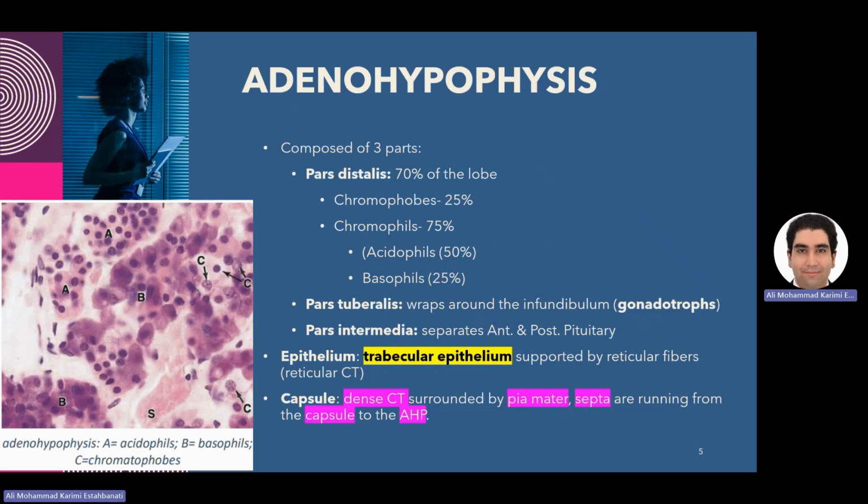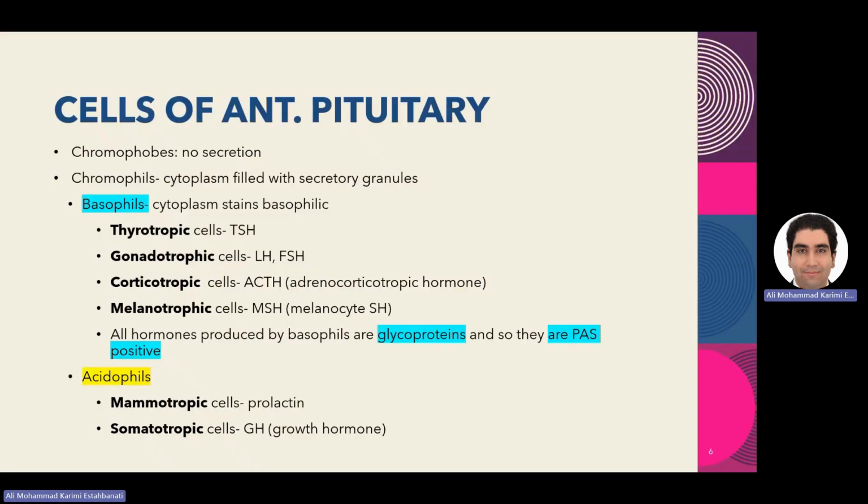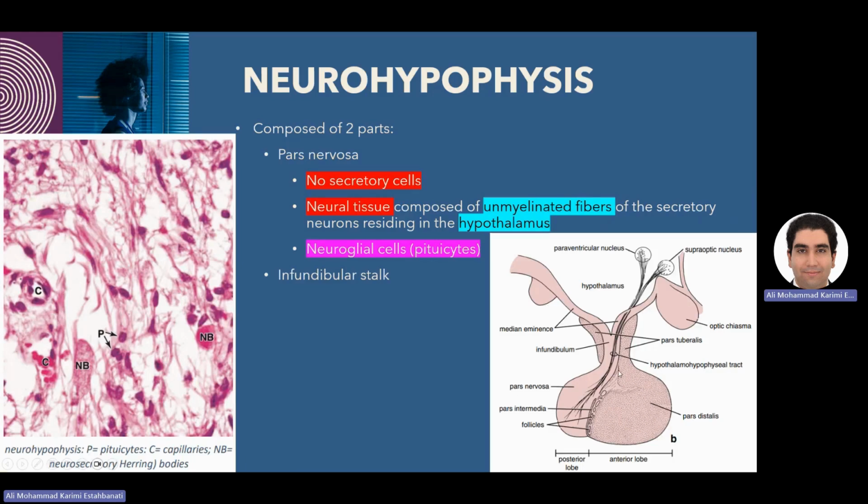And then we have the pars tuberalis and pars intermedia. The main function of the pars intermedia is to separate the anterior and posterior pituitary glands. A better illustration will be on this picture, guys. We can see the pars intermedia here. You can see the pars distalis, and then you can see the pars tuberalis, which is circling around the infundibulum.